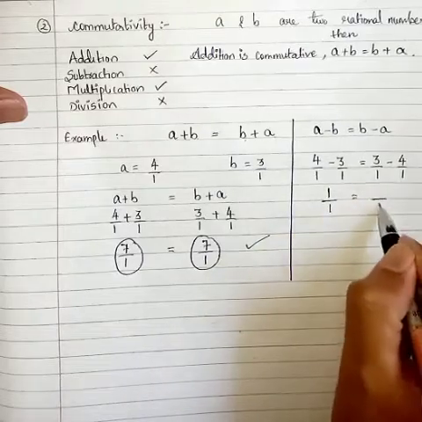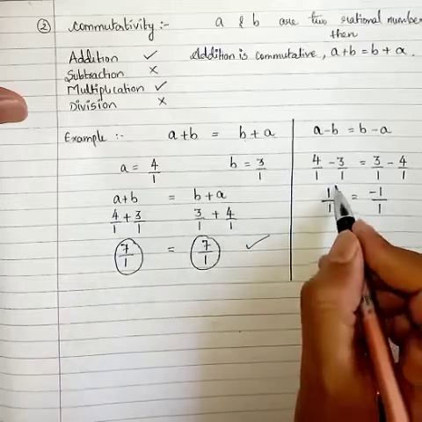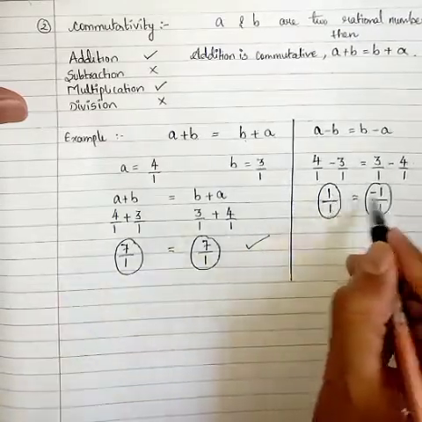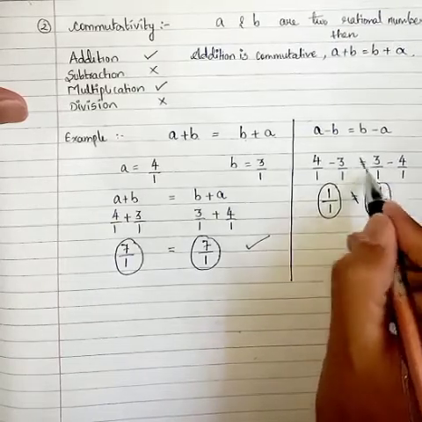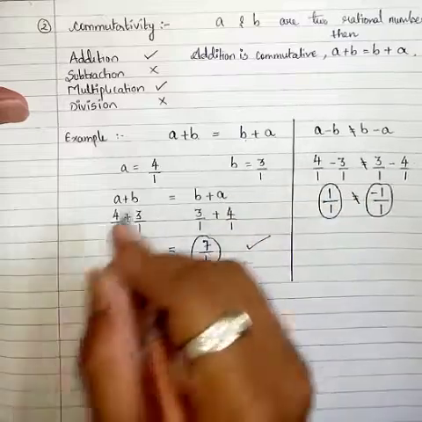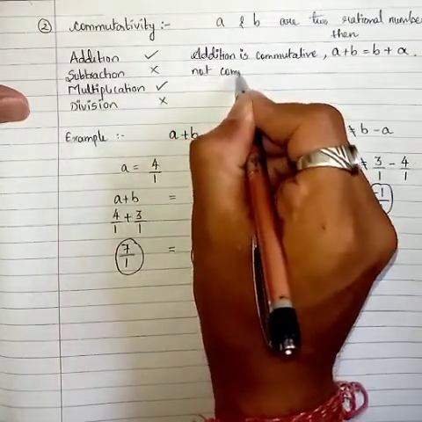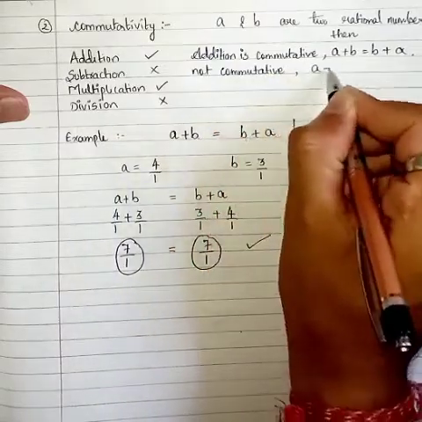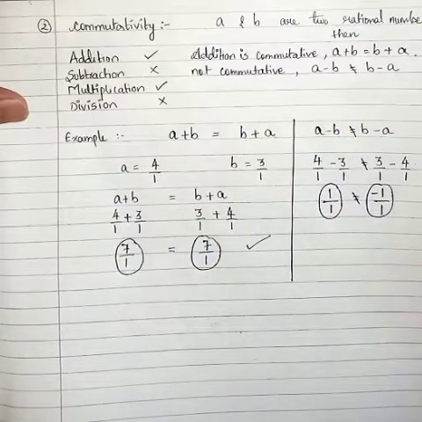Here the denominator will be 1 only, and 3 minus 4 is minus 1. So can you say this value is equal to this? No, because the numerator parts of both numbers are different. So these are not equal. Therefore subtraction is not commutative. That is, A minus B is not equal to B minus A.